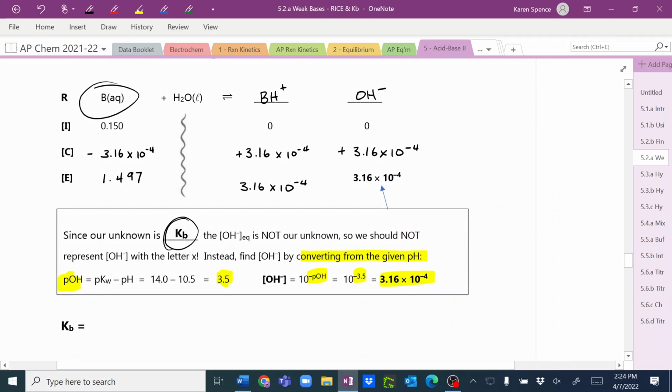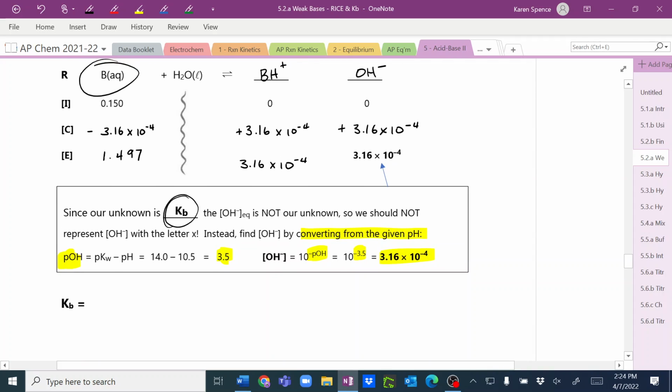What would you write for your Kb expression? The concentration of BH+ times the concentration of OH minus over the concentration of B equals, and then you just plug in what you've got.